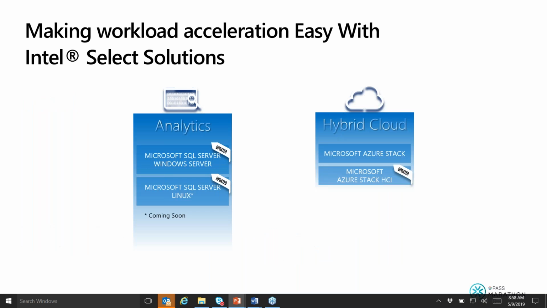On the analytics side, we have a first generation Intel Xeon Scalable processor family solution for Microsoft SQL Server that's available today from multiple OEMs. And now we just introduced a second generation Microsoft SQL Server with Windows Server select solution this year. In addition, later this year, we're going to introduce Microsoft SQL Server with Linux.